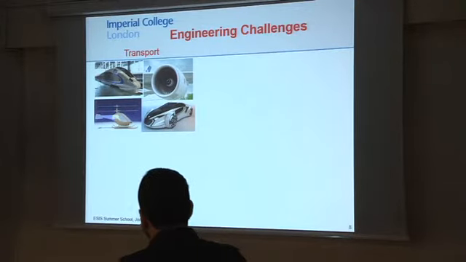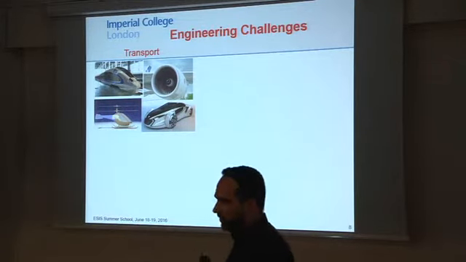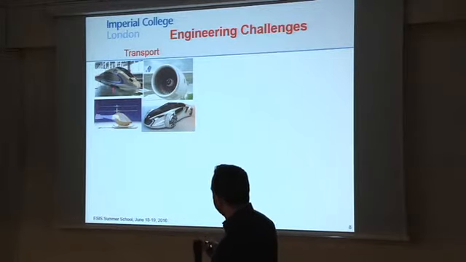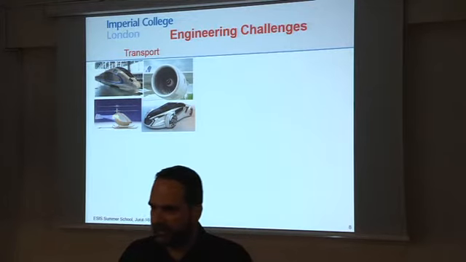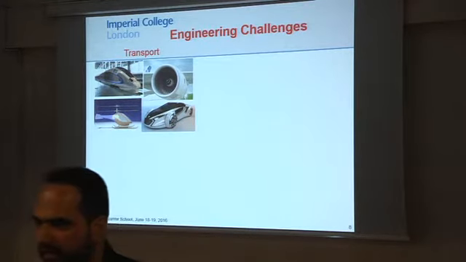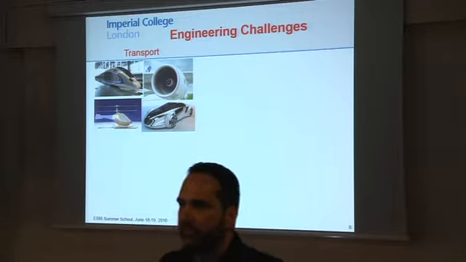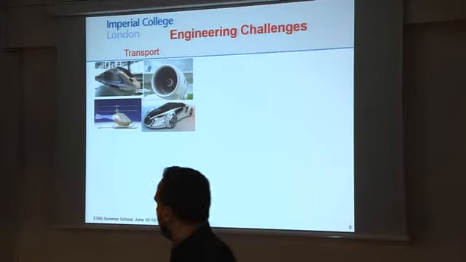A typical example, something that everybody has worked on in contact mechanics for more than 100 years, is transport. Every single part of a car, train, airplane, helicopter has a lot of moving parts which are in contact.